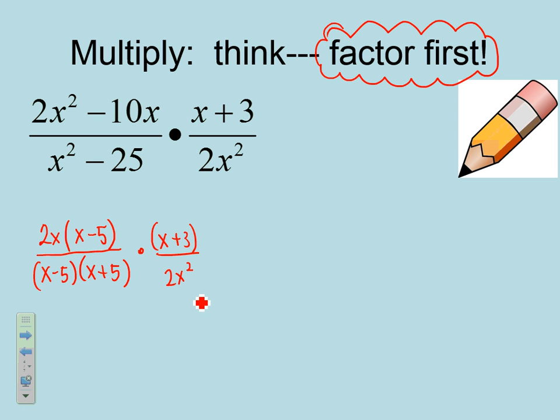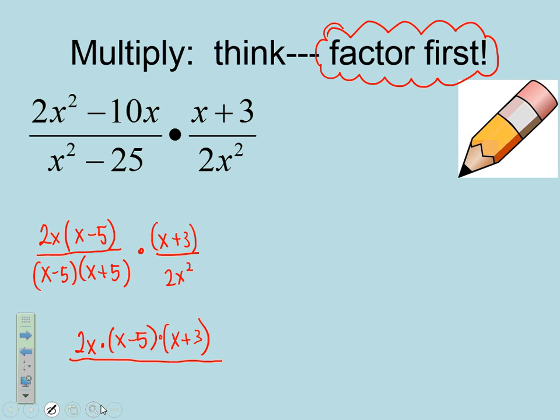Now what I'm going to do is multiply all my factors together, but I'm going to leave them as factors. So I'm going to say 2x times x minus 5. We take all the numerators and we multiply them together. Okay, it doesn't mean we really need to multiply them together. We can just say they're being multiplied together. Works for me.